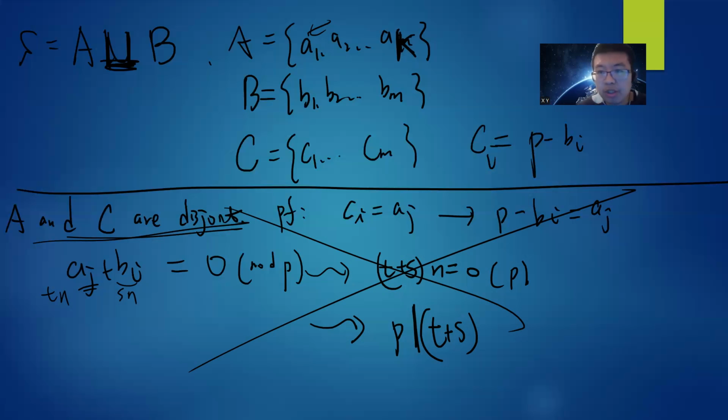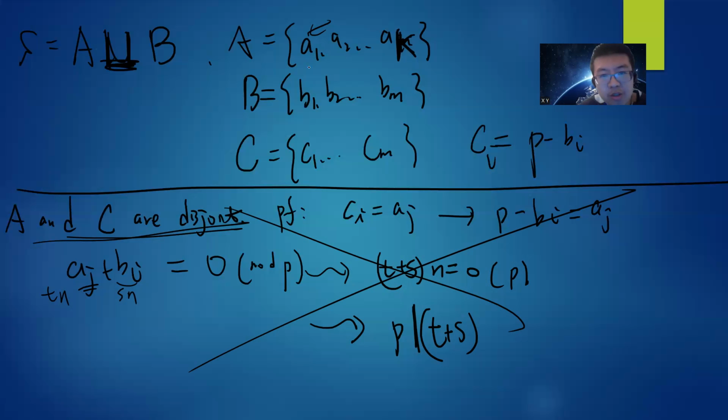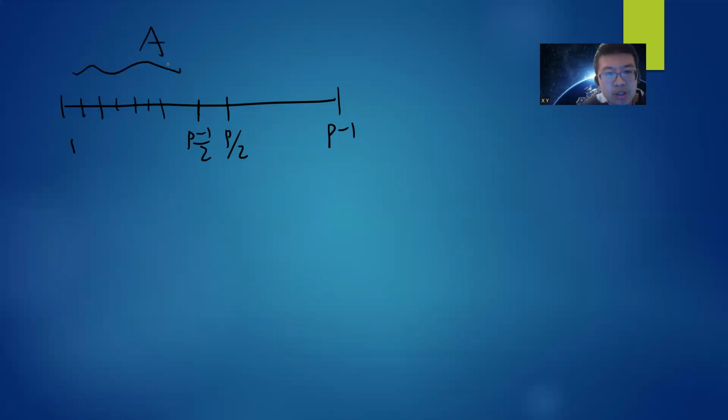Okay, so here comes the trick. Since p minus Bi equals Ci and they are all disjoint, recall that A is the residue less than p divided by 2, so these are 1 up to (p minus 1) divided by 2. These are all the numbers that A sits in.